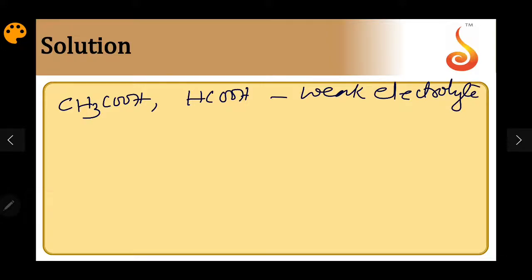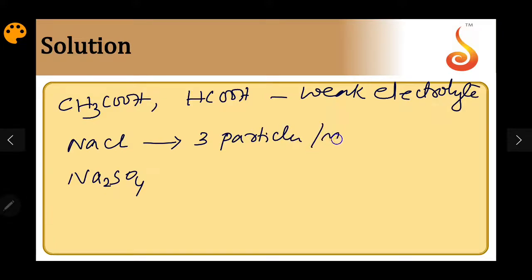So they do not dissociate completely, so the number of particles will be less. On the other hand, NaCl and Na2SO4 completely dissociate, so NaCl will give 2 particles per molecule, and Na2SO4 will give 3 particles.